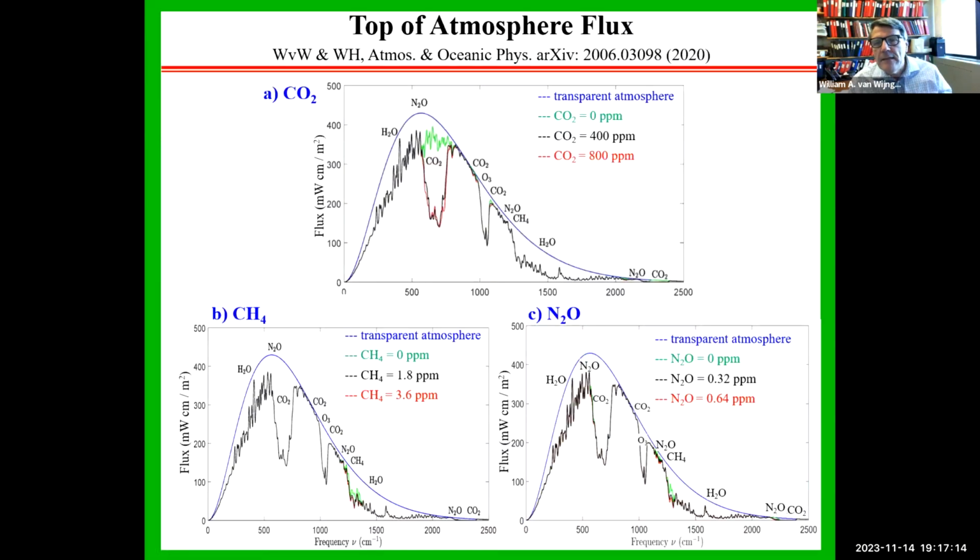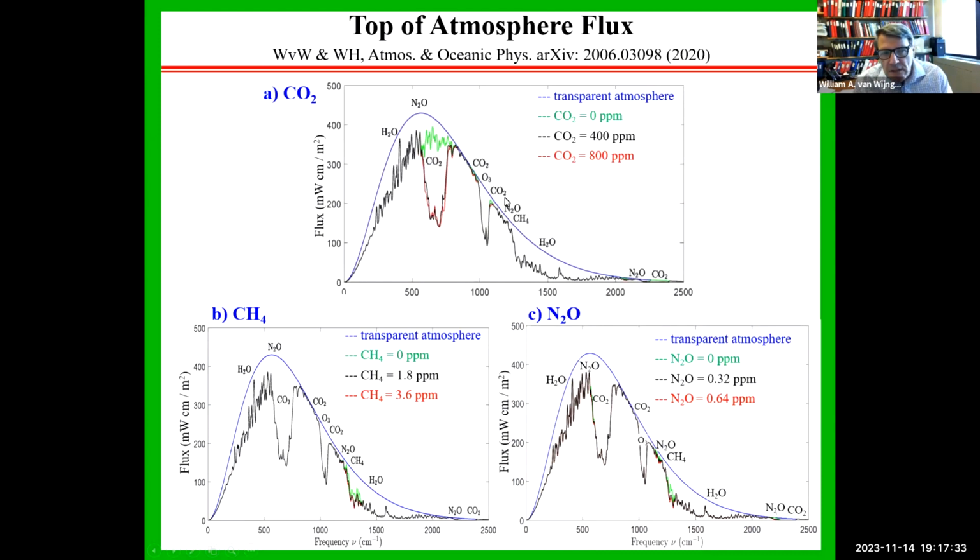Now, we have calculated the flux, or the heat radiated per square meter at the top of the atmosphere. And this top panel I'd like to show the effect of CO2. First of all, if we have no greenhouse gases, we get this blue line.